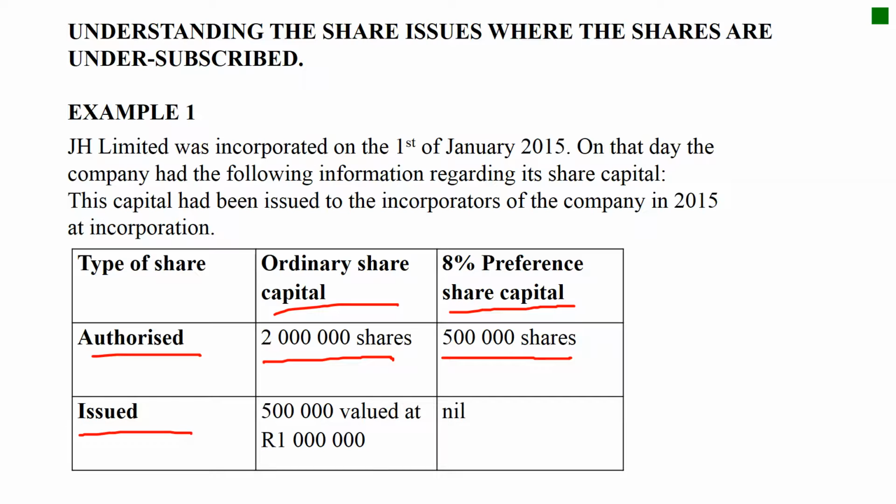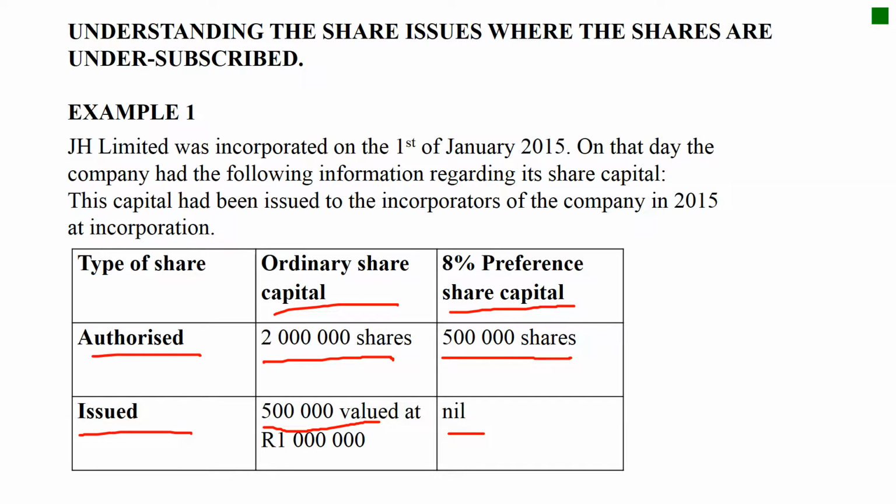They had issued 500,000 ordinary shares valued at 1 million, meaning that each share was issued at 2 rand. Then there were no preference shares at that time.